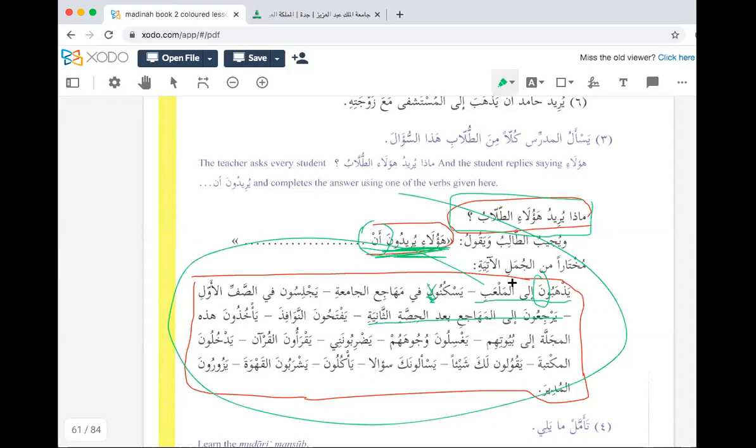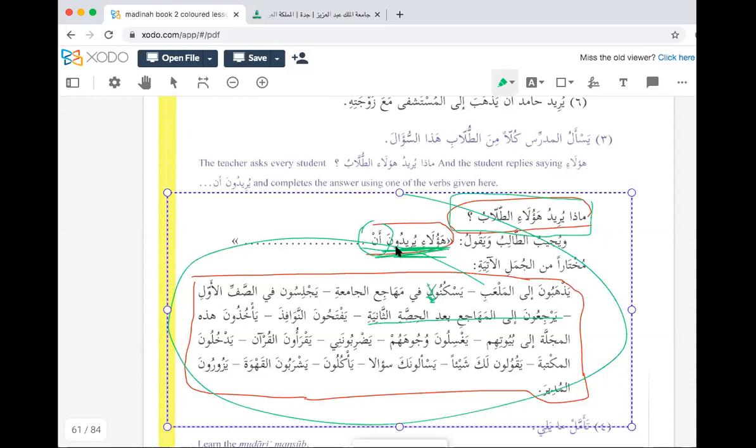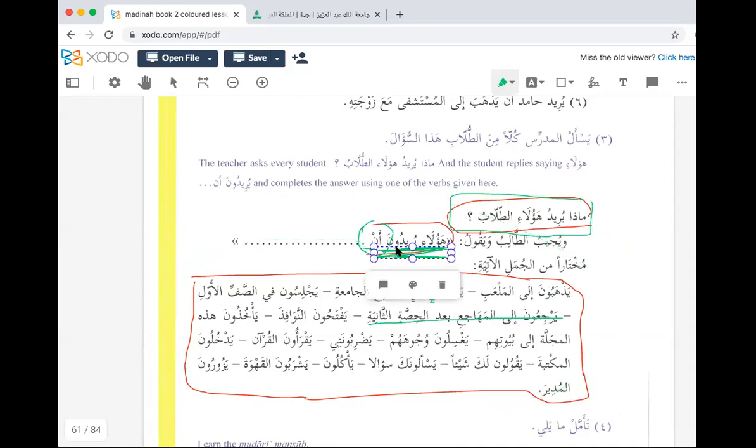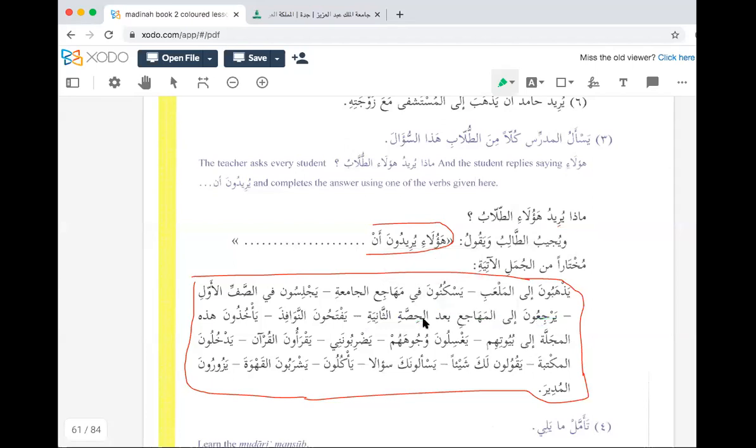And what's the meaning of mahaji'? مهجع المهاجع. It's the dorms. Dormitory, exactly, yeah, where the students stay. Okay? So the students want to go back to their dorms after lesson 2. Basically, they're tired and they want to sleep. Or they want to study out rather.